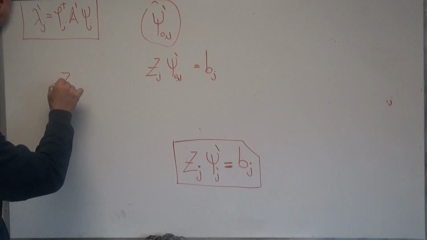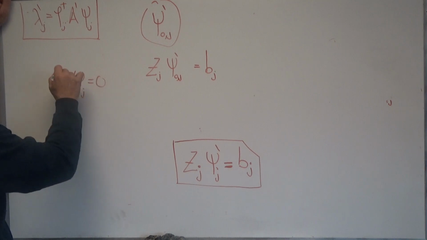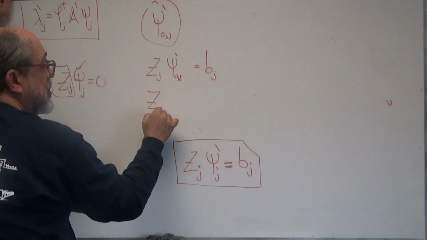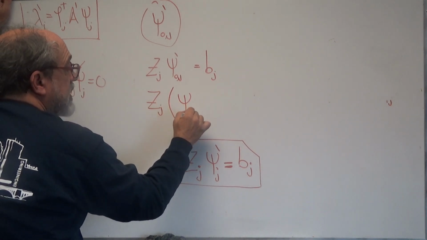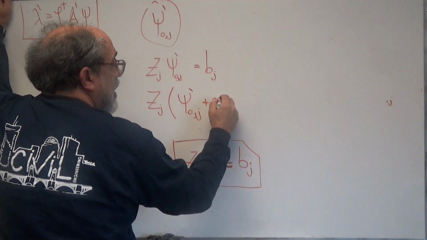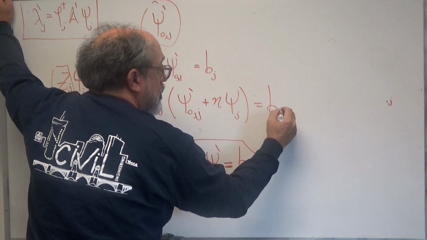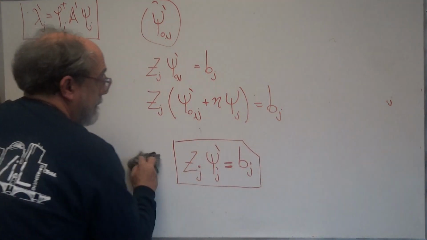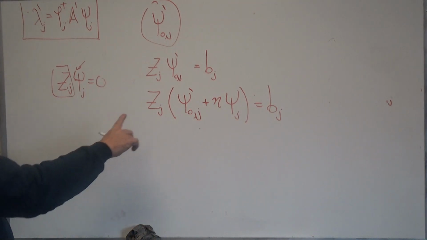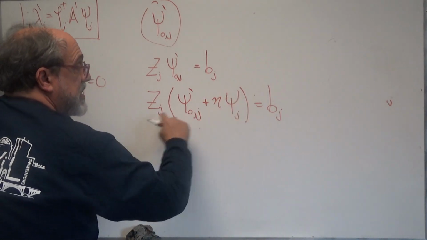But since we know that Zj times phi j is 0, because this is rank deficient and this is in the null space, then it turns out that this will also be true, right? Because if this is that and this is 0, then this is also true.